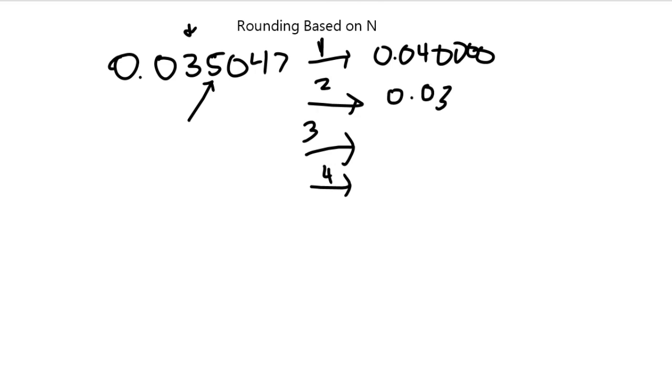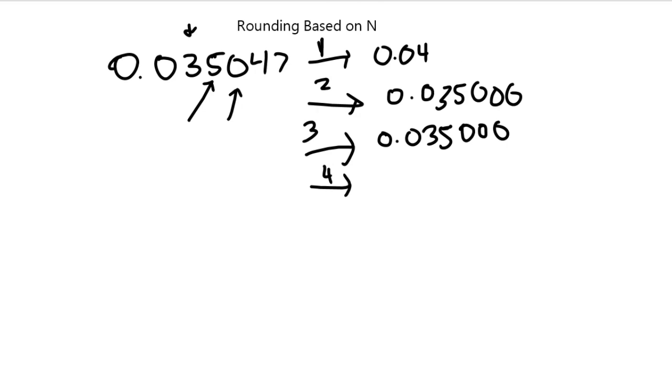So just 0.035. So we're not going to round up or narrow down. So the third one is we got this. So just 0.035 and 0. So we're not going to round up. And then sa number 4. Actually, we can just delete all the zeros.